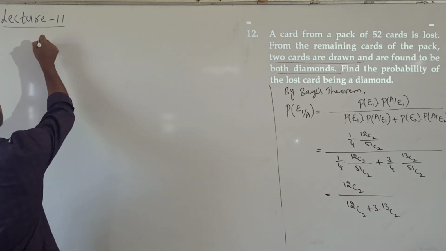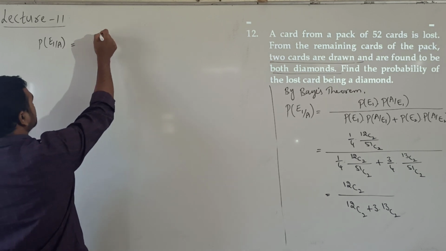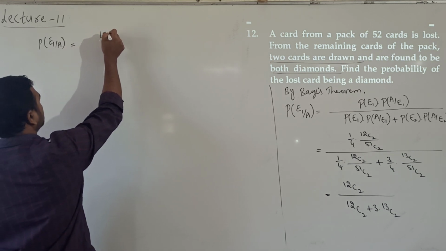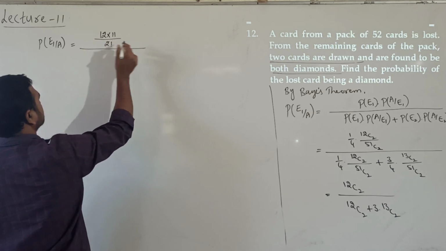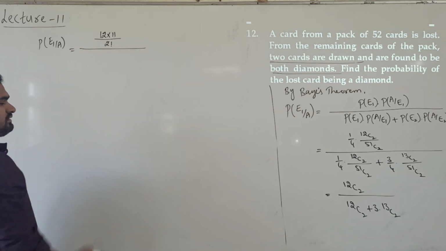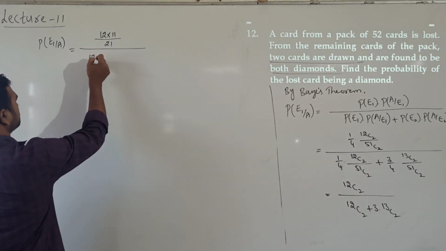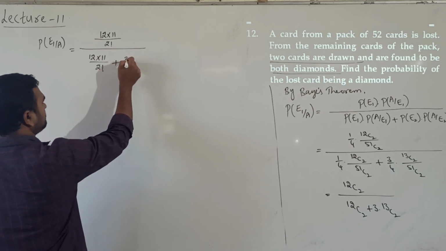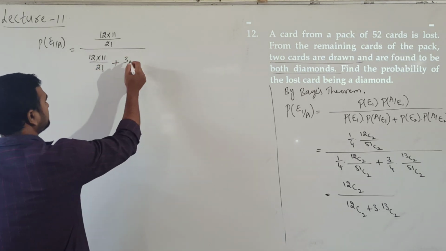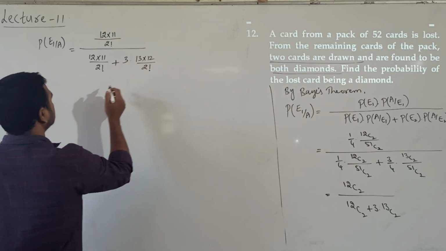So P of E1 given A. What is 12C2? I can write 12 into 11 divided by 2 factorial. So 12 into 11 by 2 factorial plus 3 into 13C2, I can write 13 into 12 by 2 factorial.